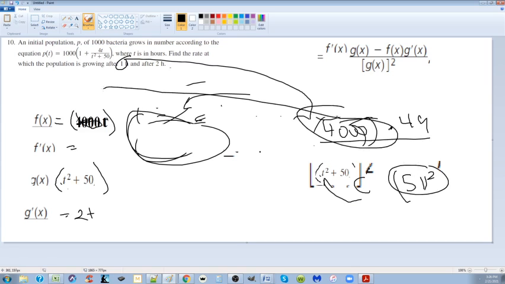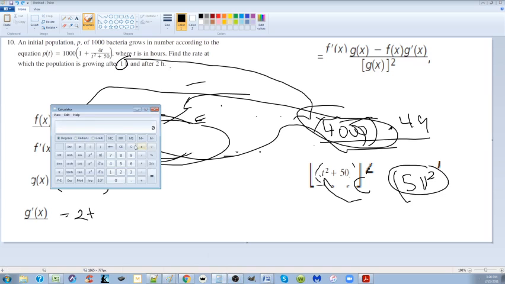If you doubt me, just keep the 4,000 in here as a derivative and do all the multiplication out here. But I know for a fact that you can factor out the 4,000 when it's common to both things in the numerator. So I'm going to take up my calculator. Sorry, this was a bit of a mess, but you'll see that we'll get there.